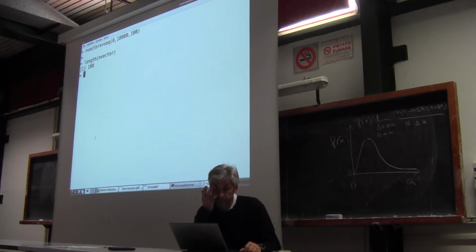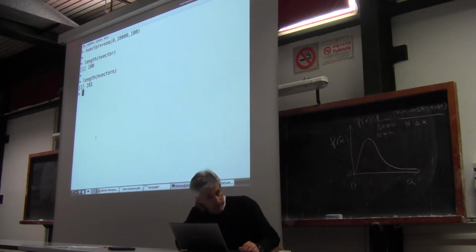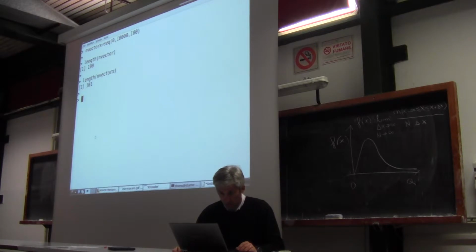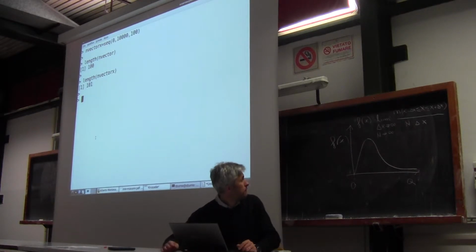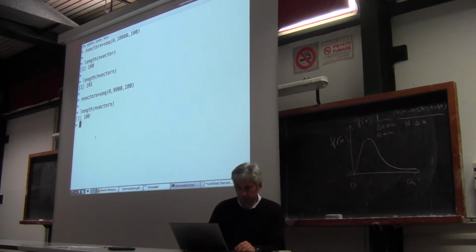No, it's fine. Okay, let's see if it works. Ah, no, sorry, n vector x. Yeah, 101. It's not good. So, actually, let's do it like this. Now the length should be fine. Okay, perfect.